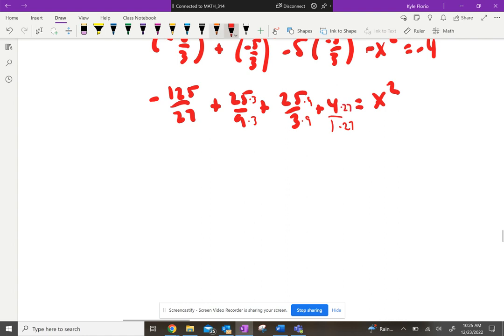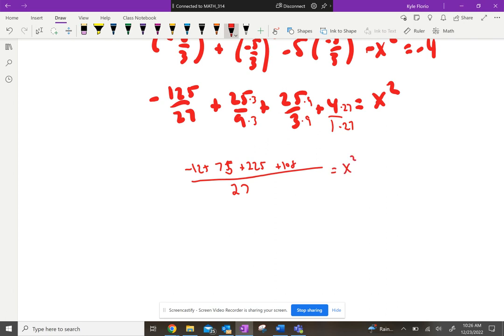Okay, so now my denominator is going to be 27. So I have a negative 125. What's 3 times 25? 75. 9 times 25? Is it 225? Yep. And 4 times 27? 108.